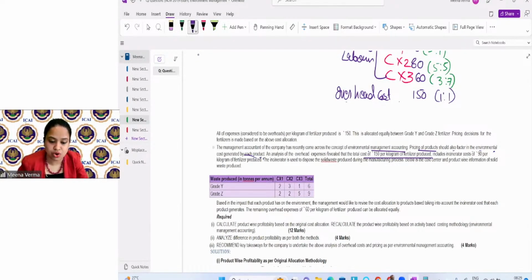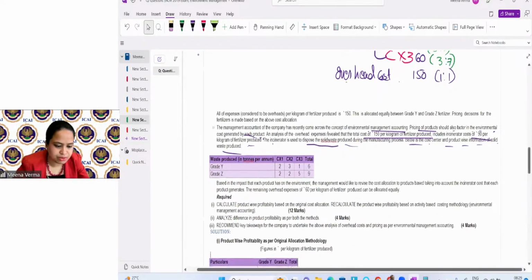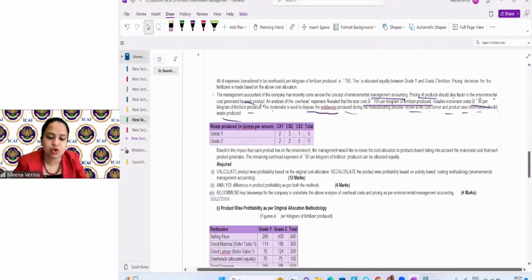This is the total cost, including incinerator cost of 90 per kg of fertilizer. The incinerator is used to dispose the solid waste produced during the manufacturing process. Below is the cost center and product wise information of the solid waste. All right. Okay. So they have mentioned that the company is having some environmental cost also.